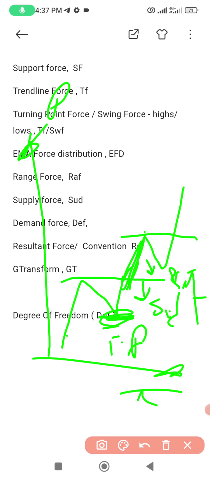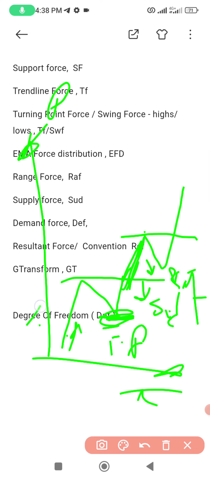So a resistance force and a support force are actually at the same boundary. It depends on the position of price. When the price is above that boundary, it becomes a support. When price is below that boundary, the boundary becomes a resistance. Then we have a trendline force along this path.